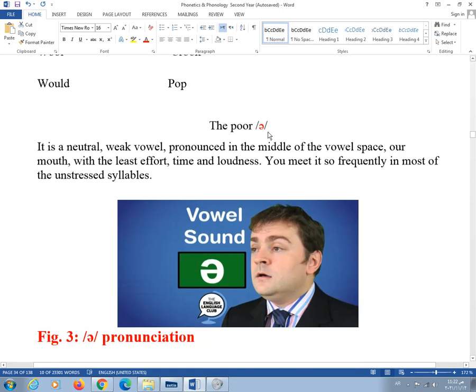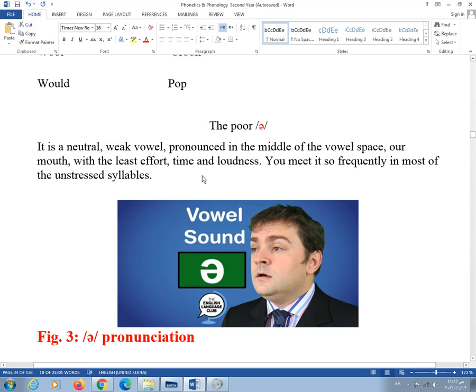I say the poor schwa, really poor, because you'll find that any vowel coming in a weak syllable turns into a schwa. It's neutral, a weak vowel pronounced in the middle of the vowel space, in our mouth. We pronounce this vowel in the middle of our mouths with the least effort, time, and loudness.